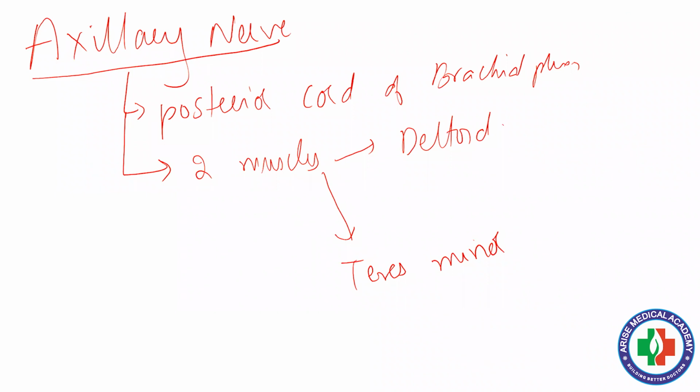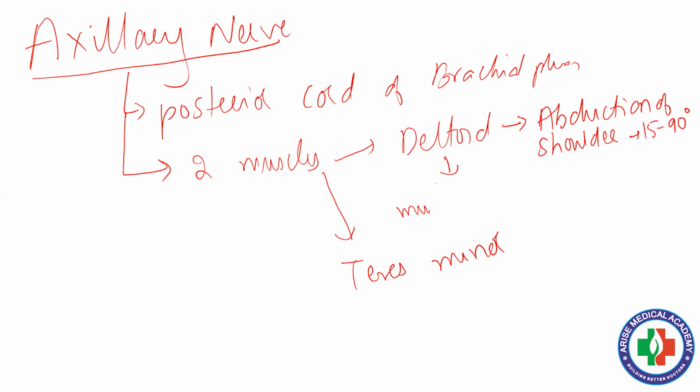You need to know a few things about deltoid to be able to answer the questions on the axillary nerve. The axillary nerve supplies deltoid. Deltoid is responsible mainly for abduction of the shoulder, about 15 to 90 degrees of abduction. Deltoid is a multipennate muscle.